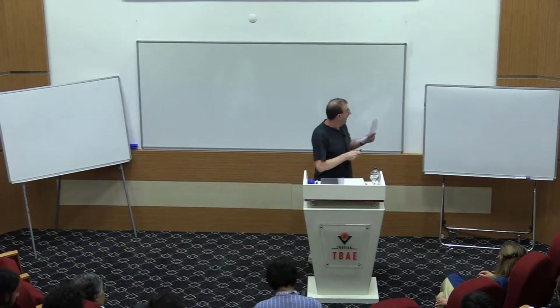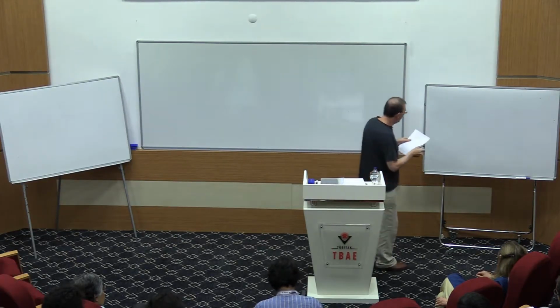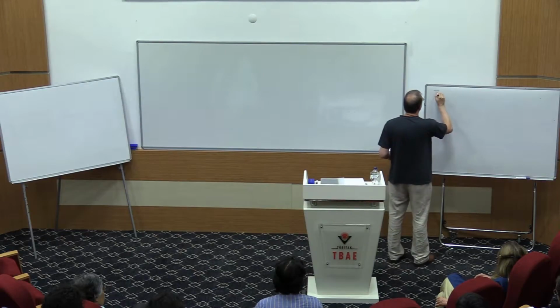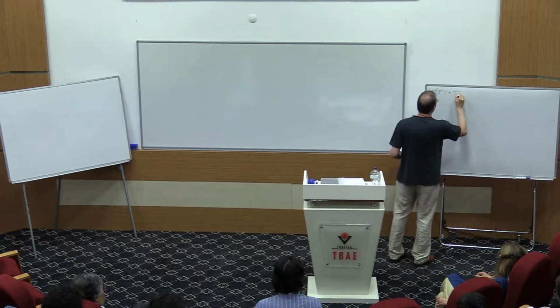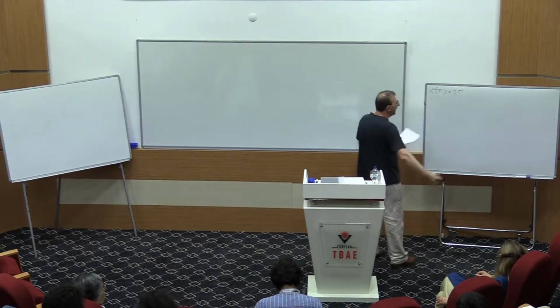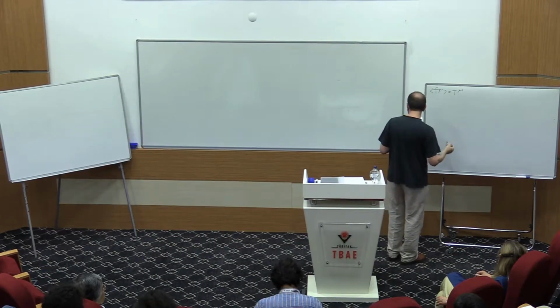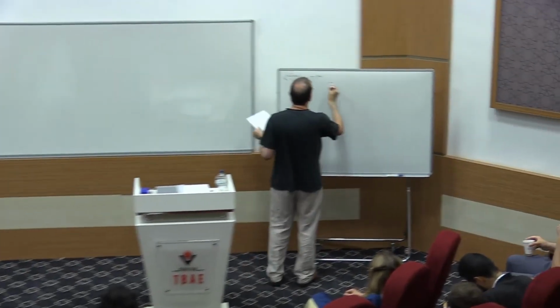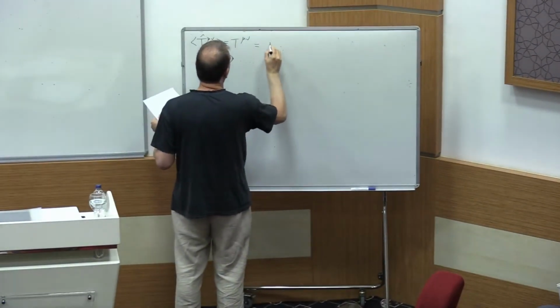So let me remind you very briefly what we were discussing last time. We had the expectation value of the energy momentum tensor operator, which we denoted by T^{μν}, and we considered this hydrodynamic approximation to a microscopic theory, which was written in the form of a derivative expansion.